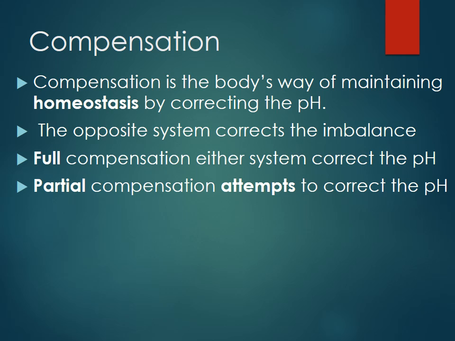Metabolic alkalosis is compensated by respiratory acidosis. If bicarb accumulation increases and the pH increases, the lungs will attempt to decrease the pH by holding on to CO2.